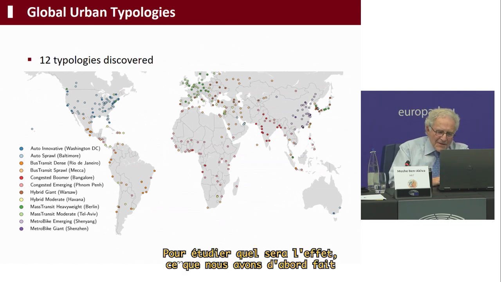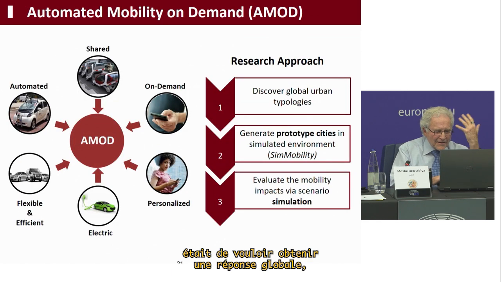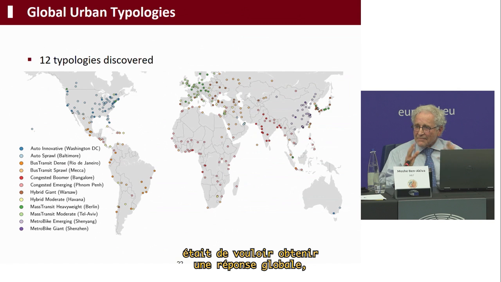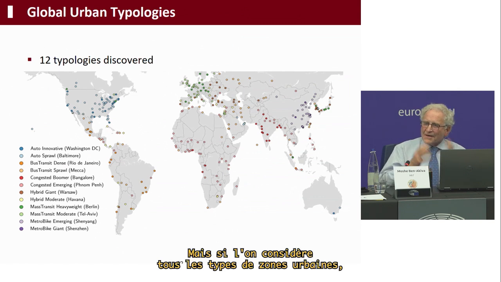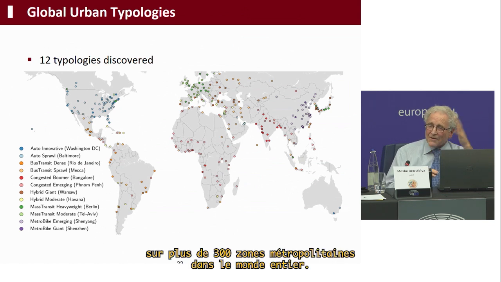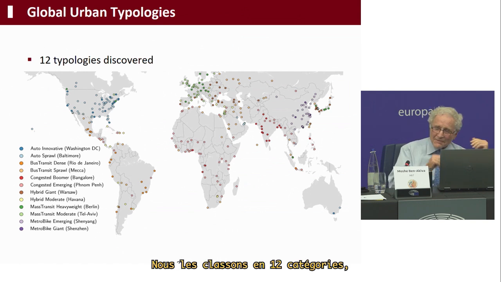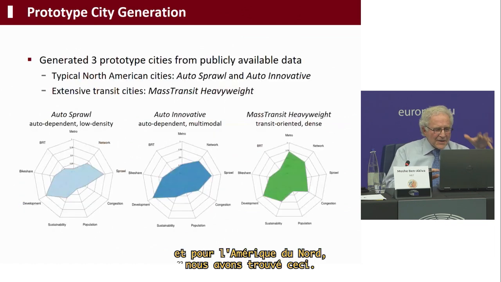In order to study what will be the effect, what we did first was we wanted to have a global answer, not just what it is in Boston or what it is in Strasbourg, but if you look at all types of urban area, so we collected data on more than 300 metropolitan areas worldwide. We classified them into 12 categories, and for North America, we came up with this.